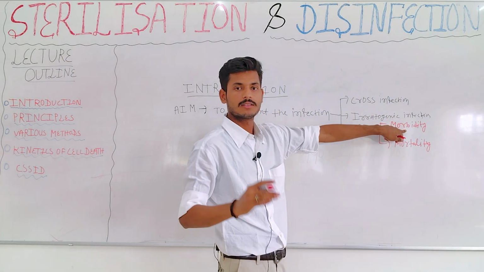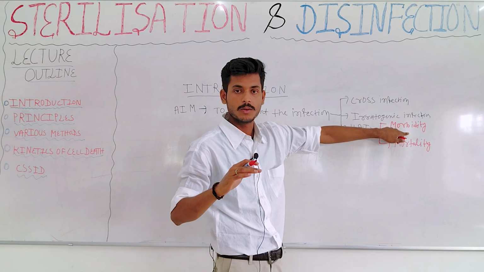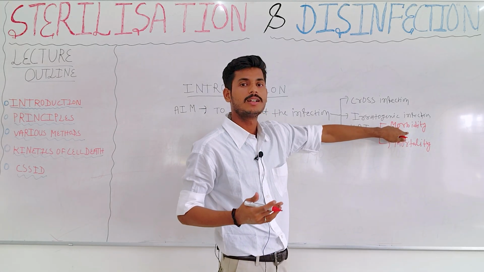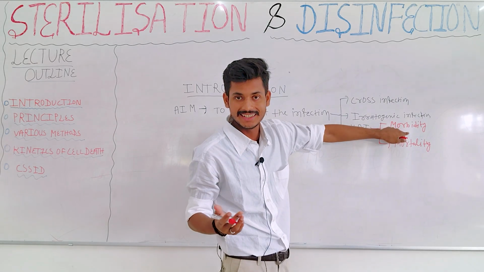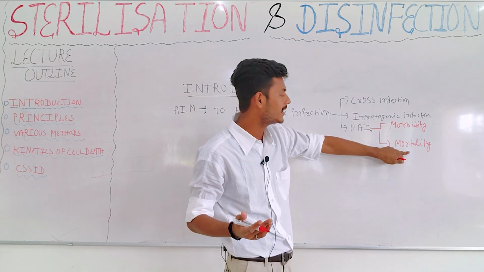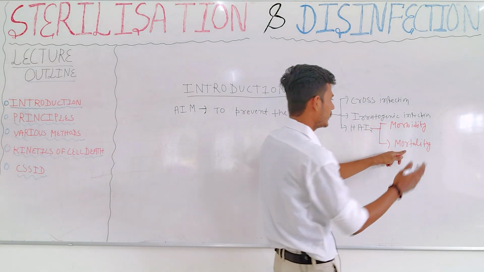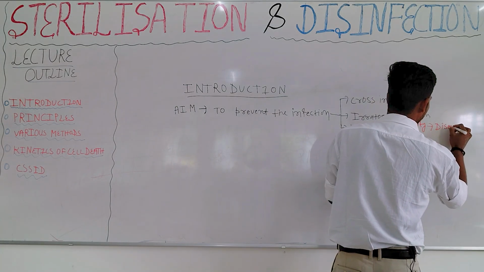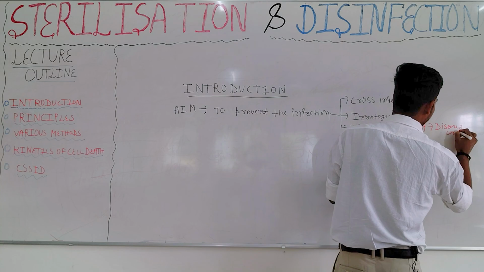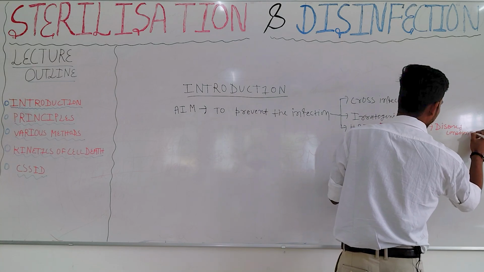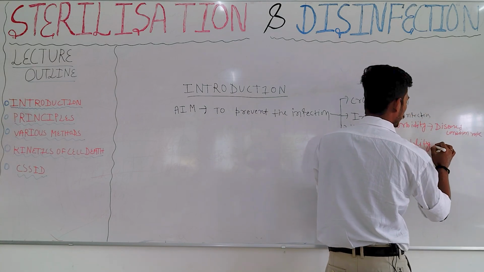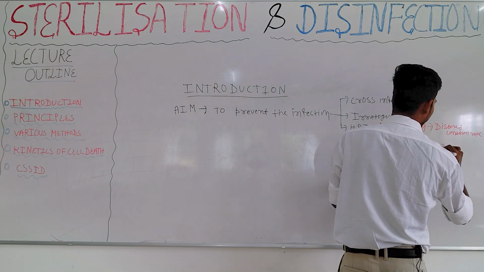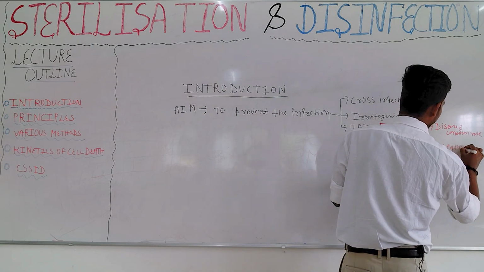Morbidity means the rate which shows how many persons are ill, infected. Morbidity shows the diseased condition rate, basically, okay, whereas mortality means the death rate.